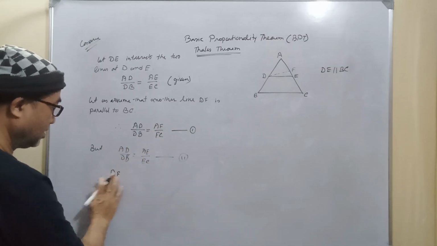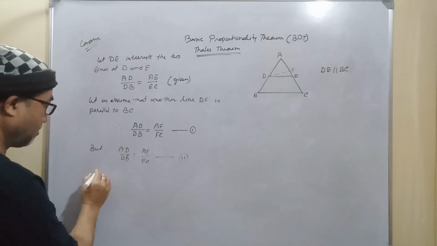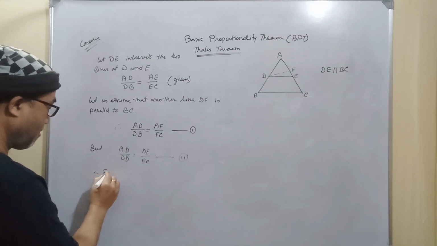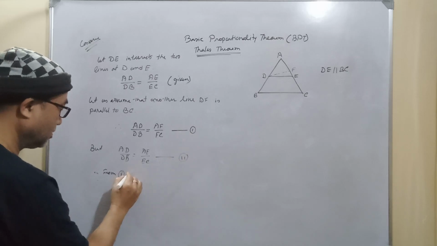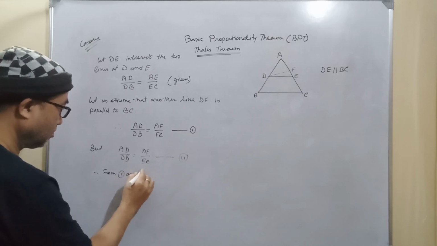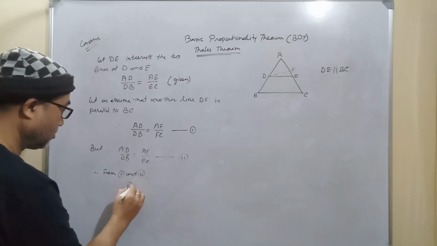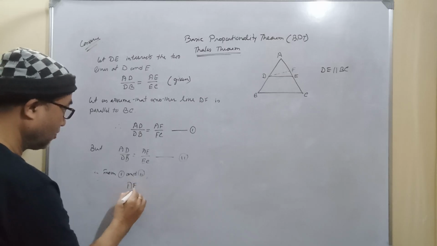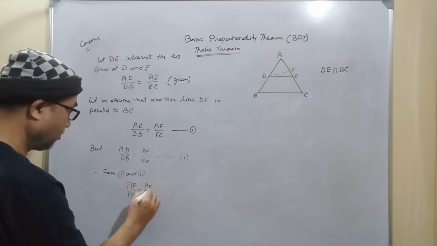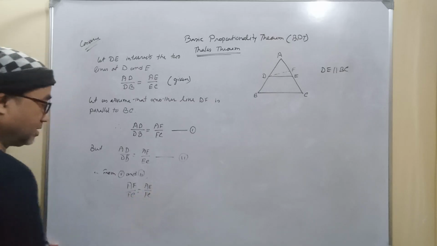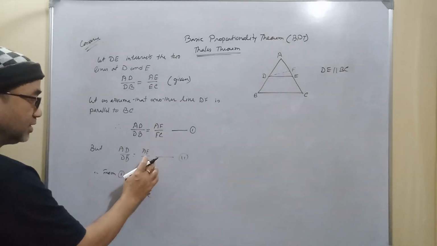Hence, from 1 and 2, AF by FC is equal to AE by EC, right? This one is equal to this one.